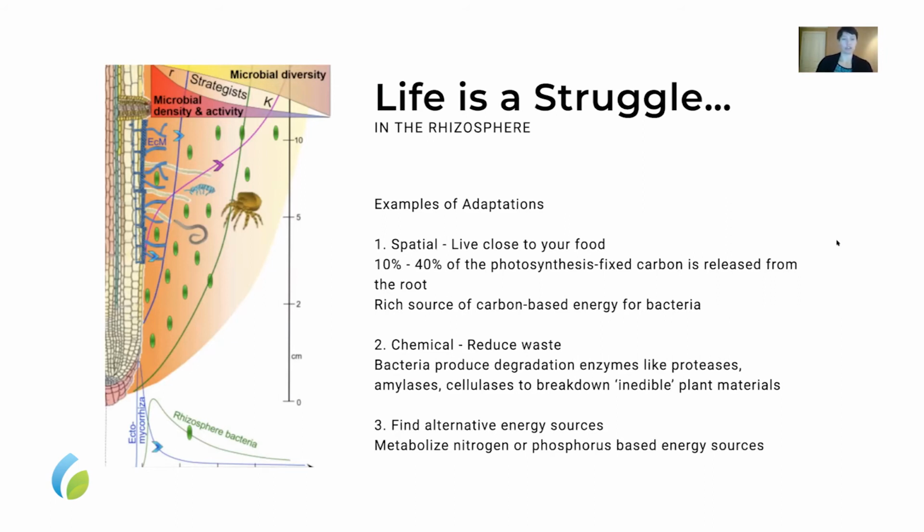And the closer you are to your energy source, the more likely you are to have a large, healthy, fruitful life. So 10 to 40% of the photosynthesis fixed carbons in plants is actually in the root or released from the root. So this ends up being a very rich carbon source for bacteria. So this is one reason that you're going to find more bacteria near the root as opposed to further away.